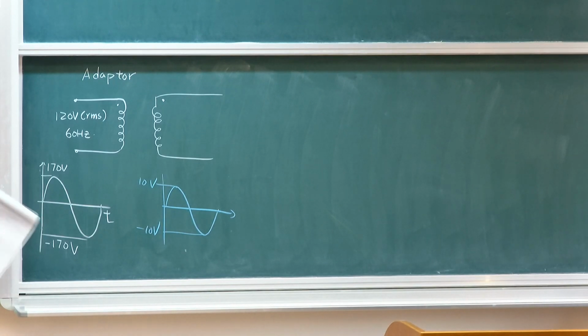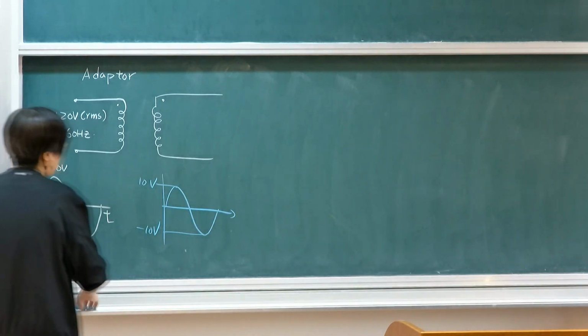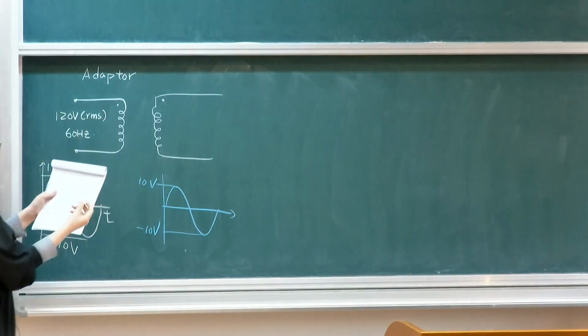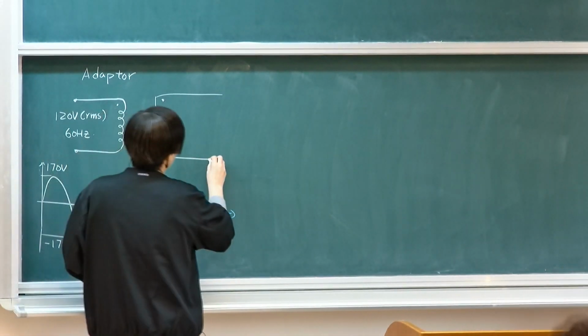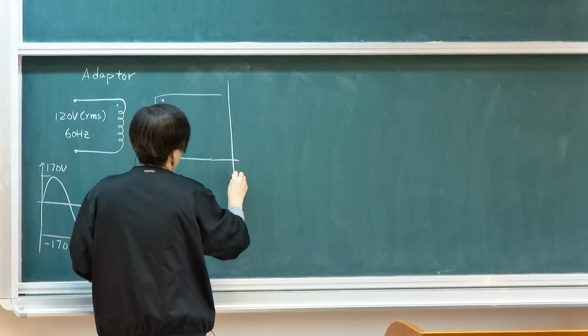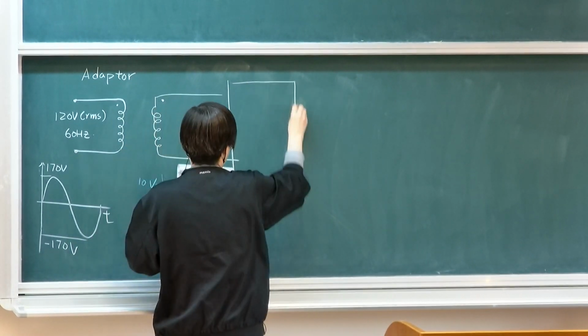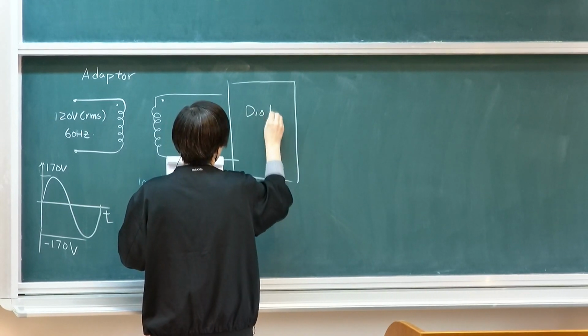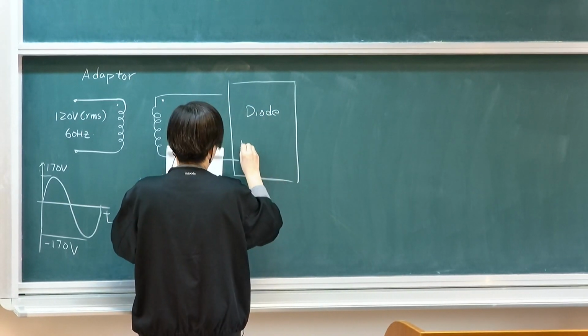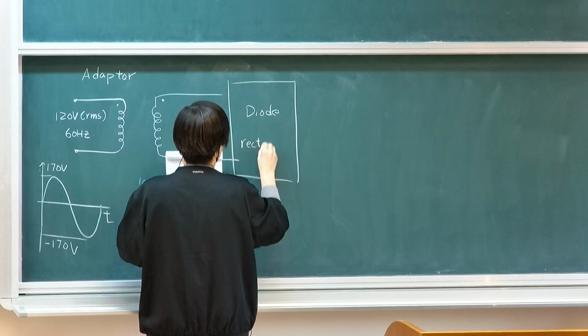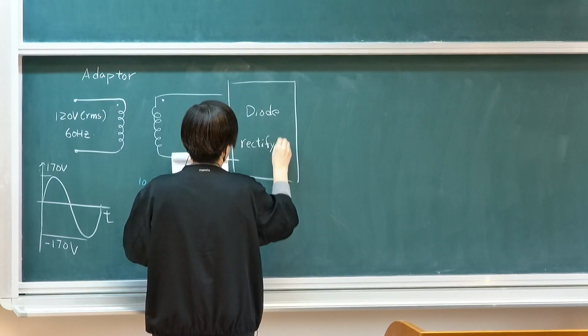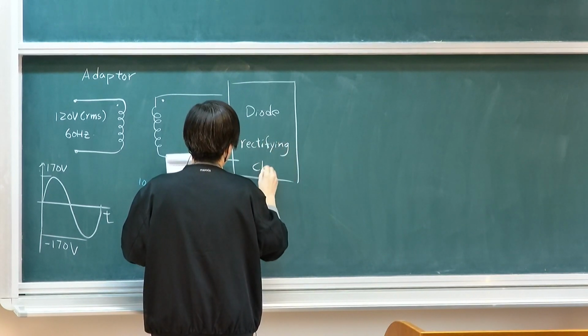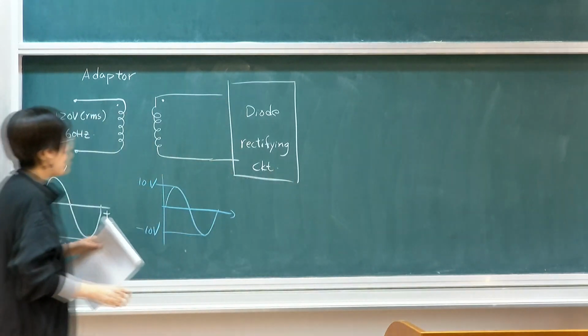So you want to keep it to around 10. I'm just giving a typical number. Then we use what we refer to as the diode rectifying circuit. Use a diode to create a rectifying circuit.